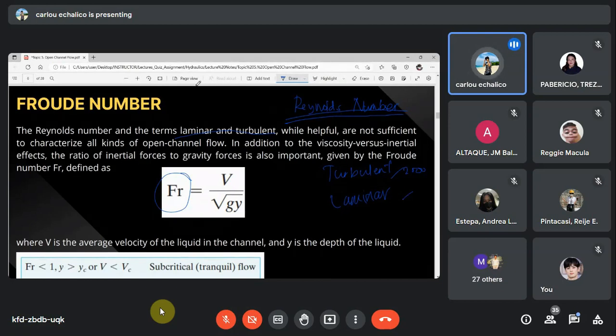So, what is used is the Froude number. This Froude number is the ratio of the inertial forces to the gravitational forces. The formula you should remember for the Froude number is just velocity over the square root of gy. G is the gravity, 9.81 meters per second squared.